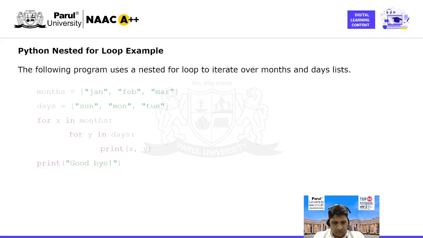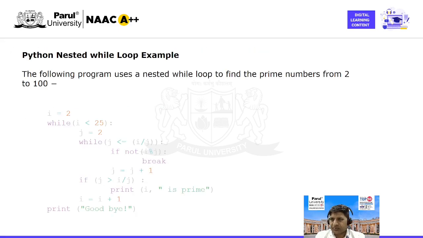Now the second example, Python nested while loop. As I already said, the nested loop is used with for loop as well as while loop. Both loops are supported. Now, in this example, we want to create the following program: use a nested while loop to find the prime numbers from 2 to 100.